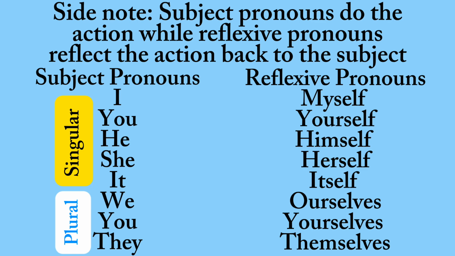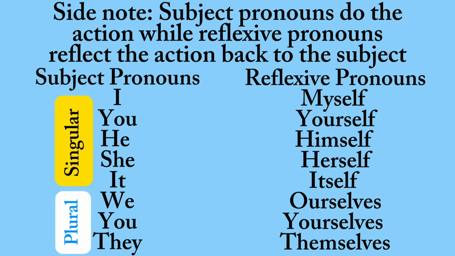And our reflexive pronouns are myself, yourself, himself, herself, itself, ourselves, yourselves, and themselves. To be more specific, our singular reflexive pronouns are myself, yourself, himself, herself, and itself, while our plural reflexive pronouns are ourselves, yourselves, and themselves.